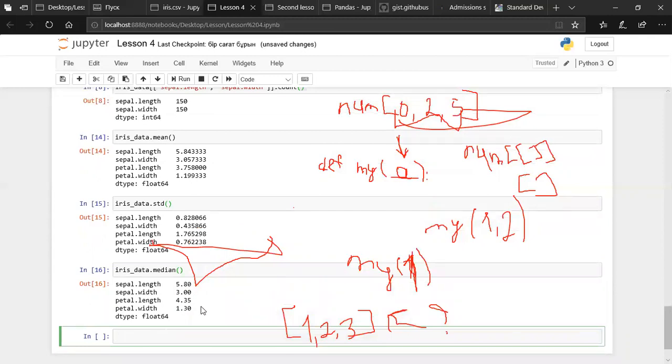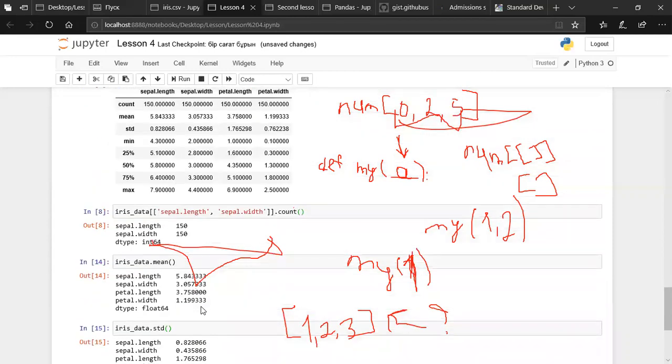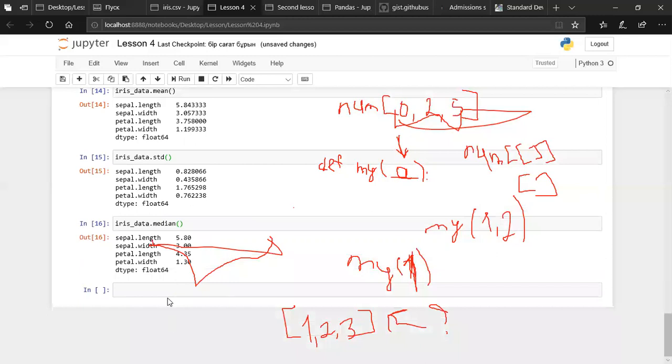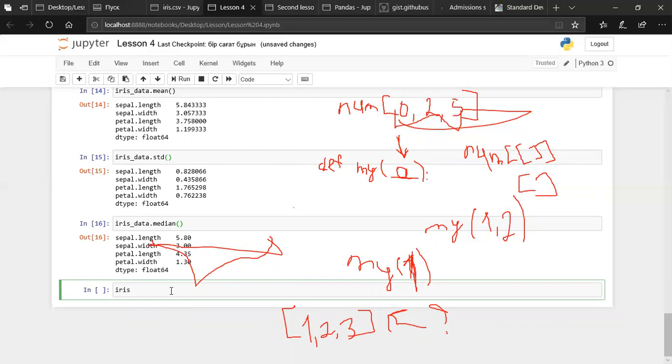Okay. So we just went through all of this, and what about the quartiles? How do you think to show them? Quartile, yeah. This is called quartile: 25%, 50%, 75%. I need to find these ones. Yeah. It's quantile.